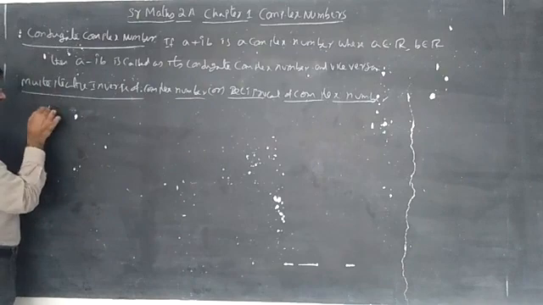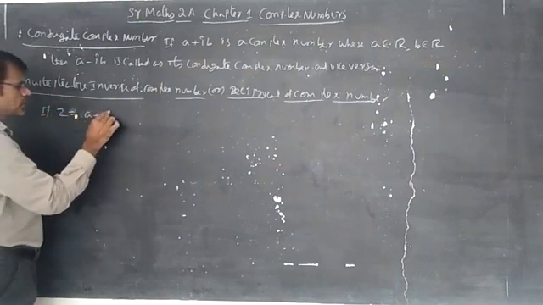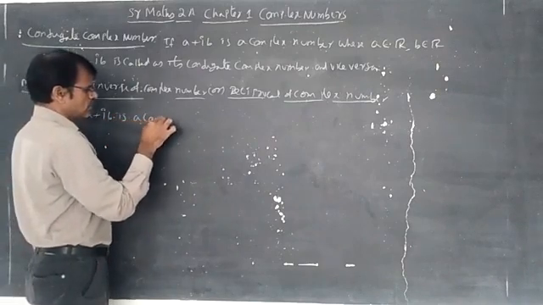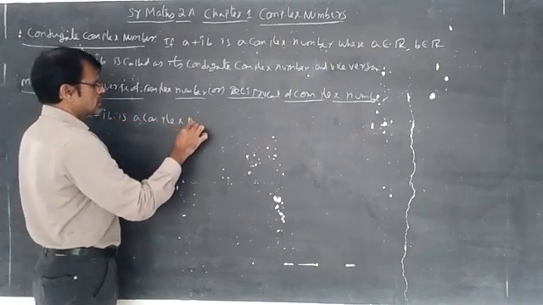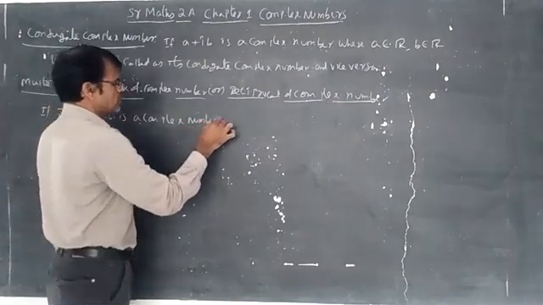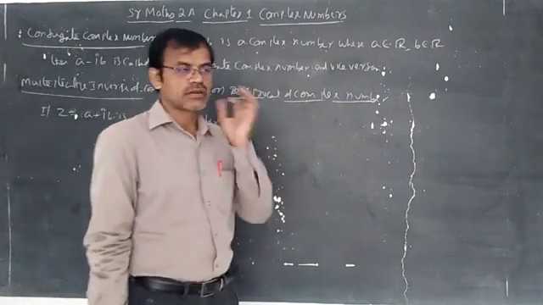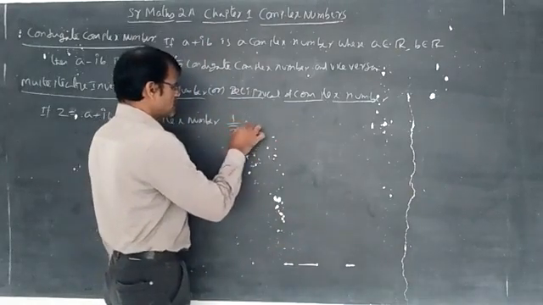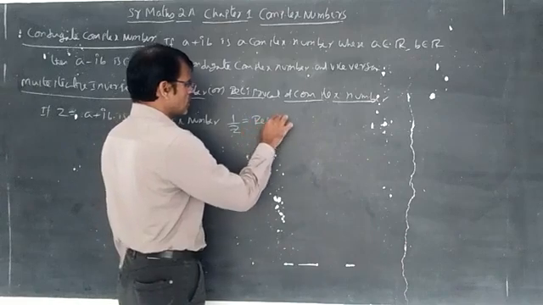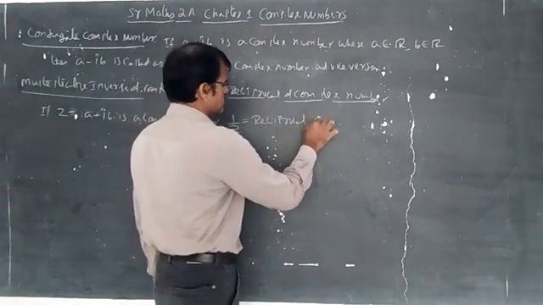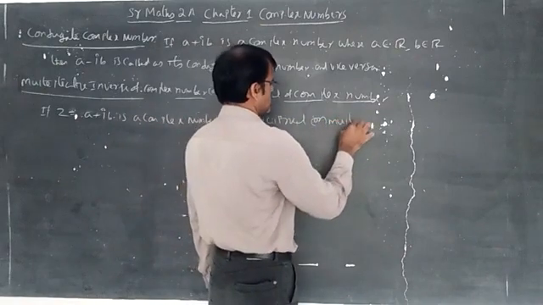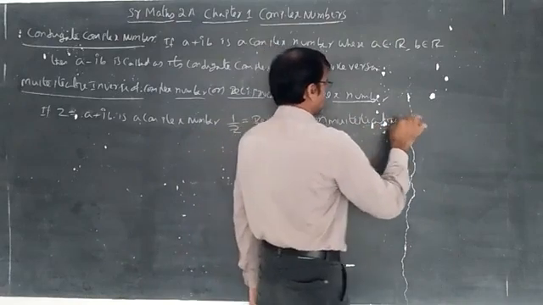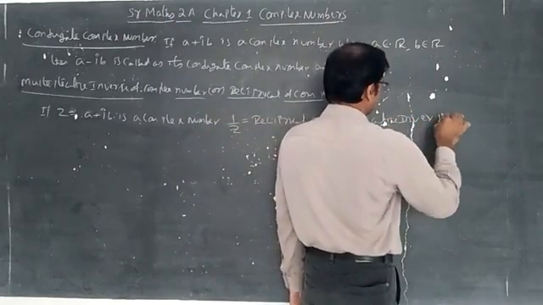If z is equal to a plus ib is a complex number, then the multiplicative inverse is nothing but 1 by z. 1 by z is the reciprocal or multiplicative inverse.